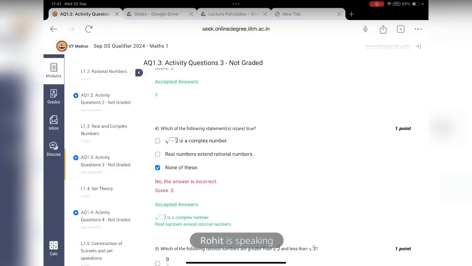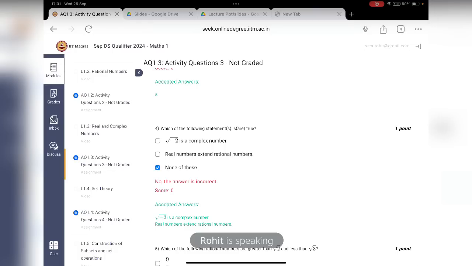I am saying that when rational numbers get extended, I'm adding something else to rational numbers, then it becomes real numbers. Correct. Just reverse the statement: real numbers extend rational numbers by something. And that something is irrational numbers.